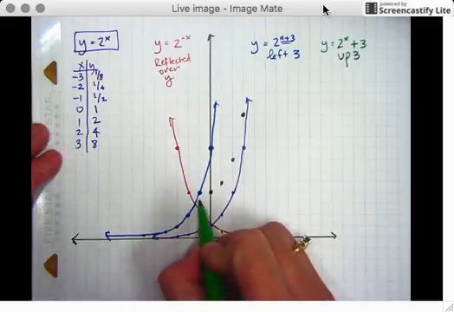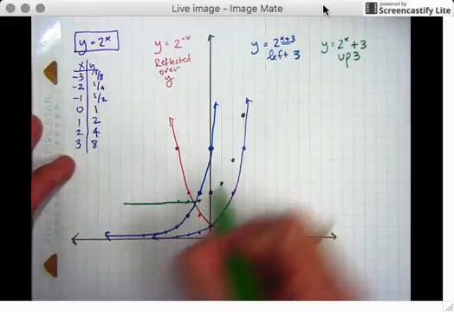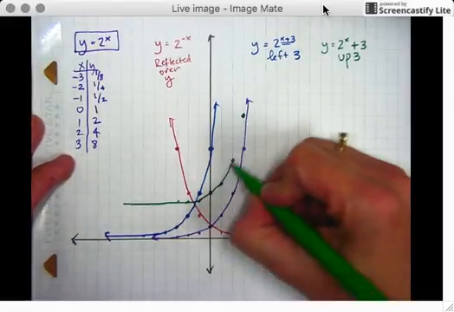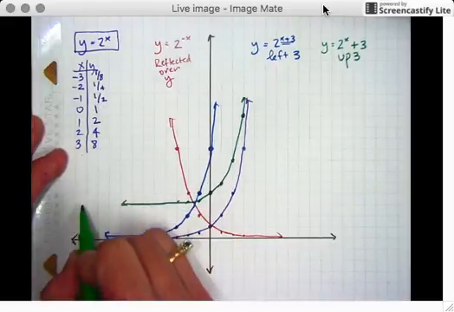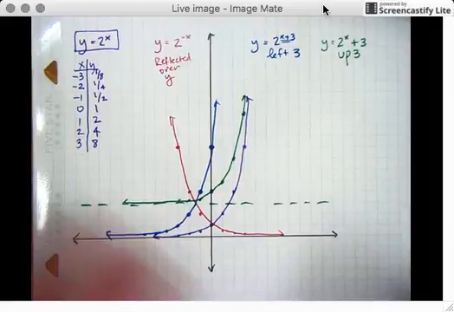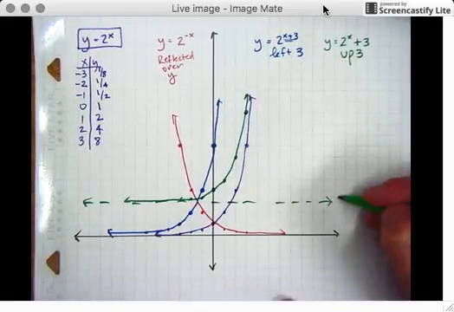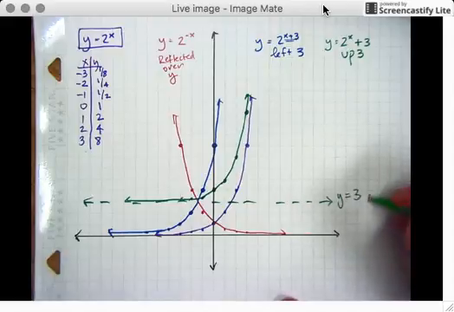And it's no longer asymptotic to the x-axis. The asymptote would be here. If I asked you what is that asymptote, you would say, oh, that's at y = 3.